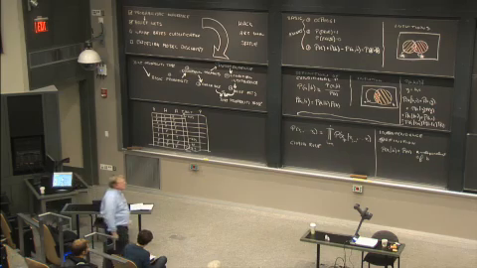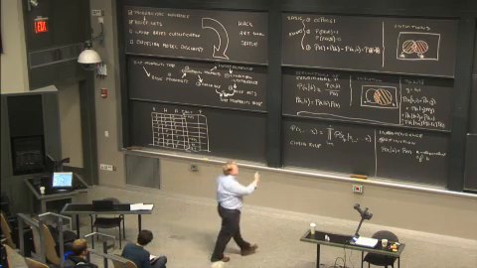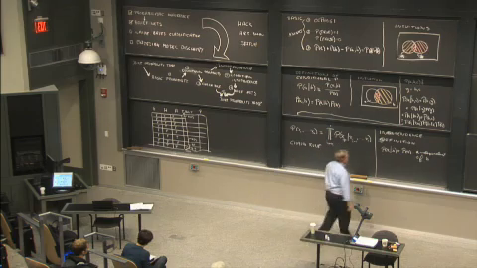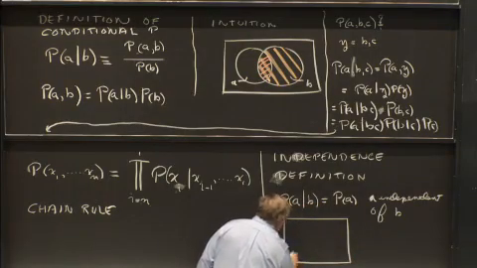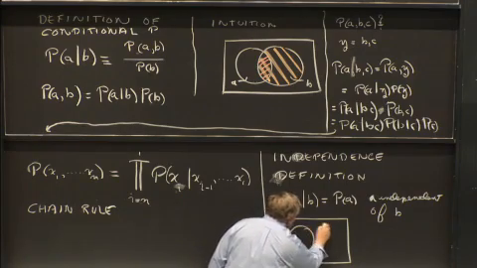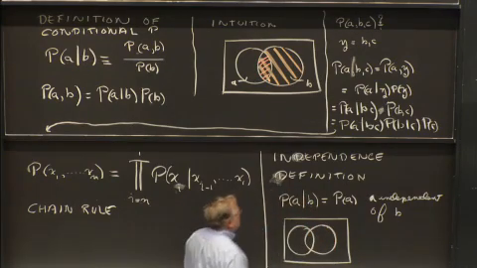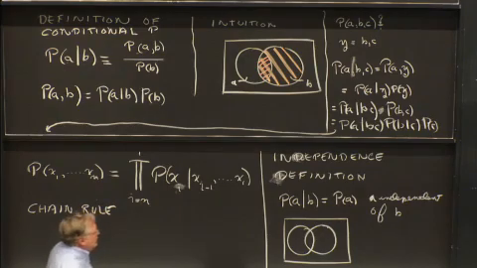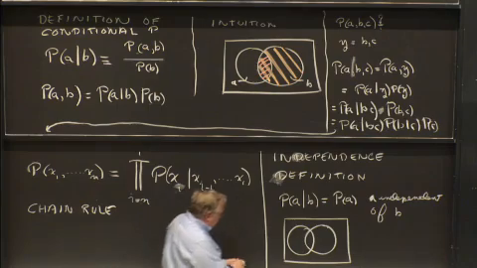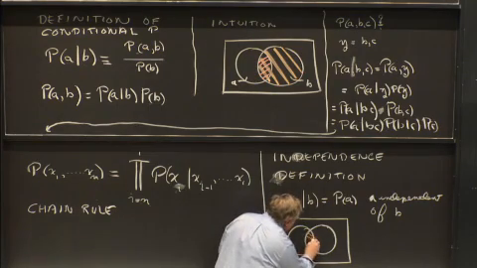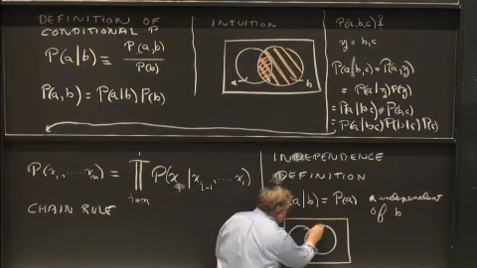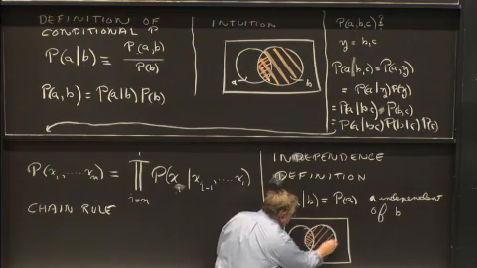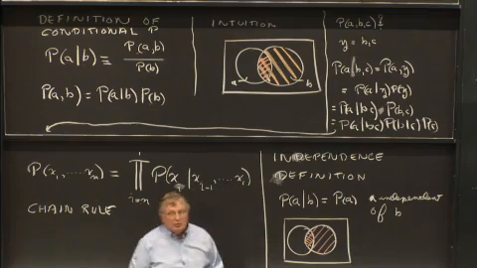So what does that look like if we try to do an intuitionist diagram? Well, let's see. Here's A, here's B. Now the probability of A given B, well, let's see, that must be this part here divided by this part here, right?